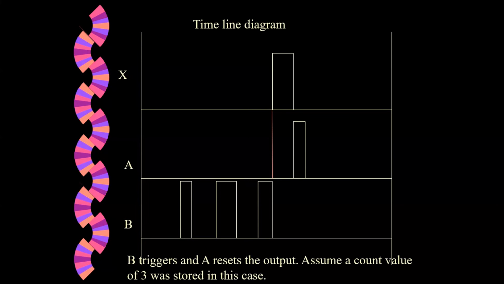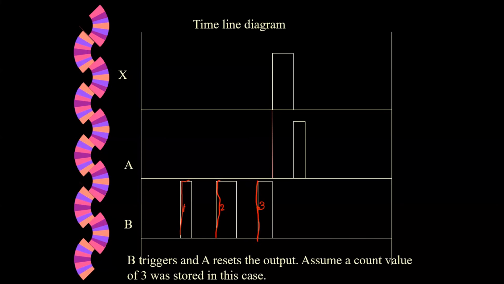So the counter timeline diagram, B is the trigger line, 1, 2, 3. This is the third time. Let's assume I stored a value of 3. So what happens? Rising edge, rising edge, rising edge.